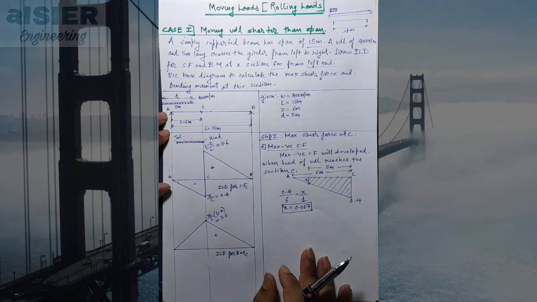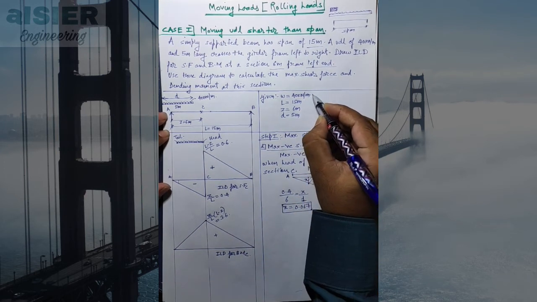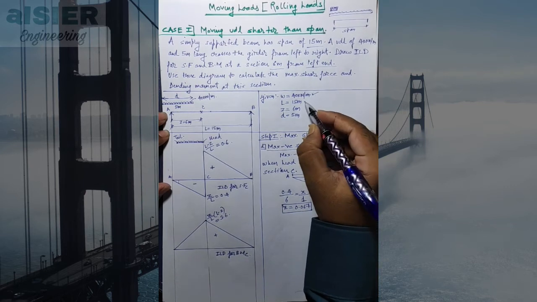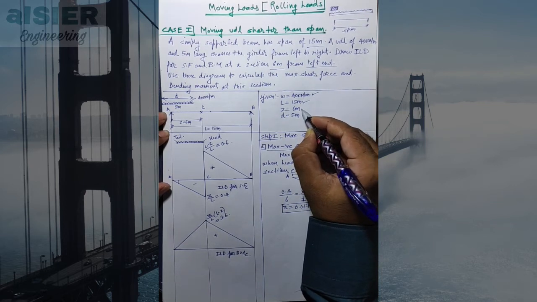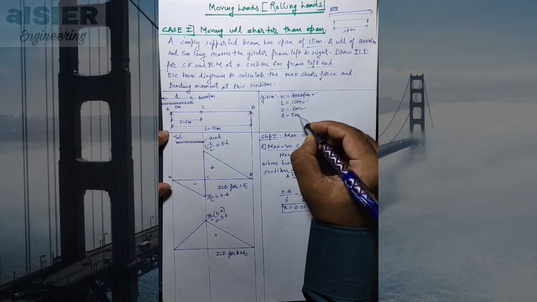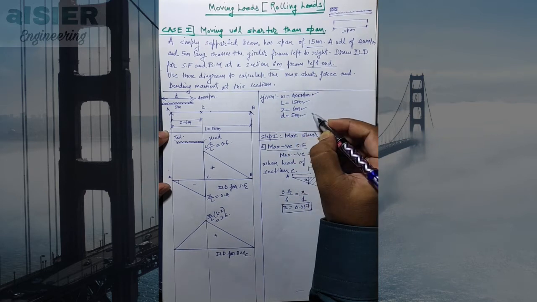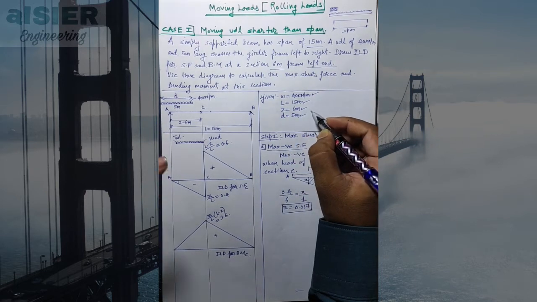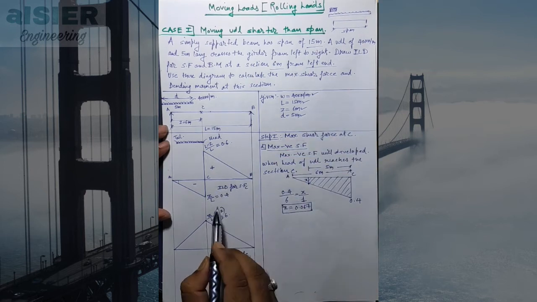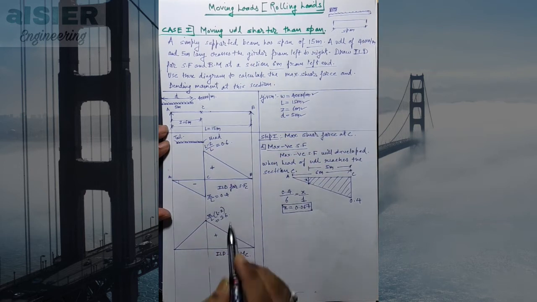So what is given to us? It is given that UDL is of 40 kilonewton per meter, span is 15 meter, section is at a distance Z from support A, and D is length of UDL. Now first thing, it is required to draw ILD for shear force and ILD for bending moment.